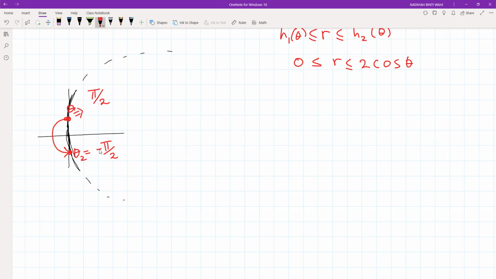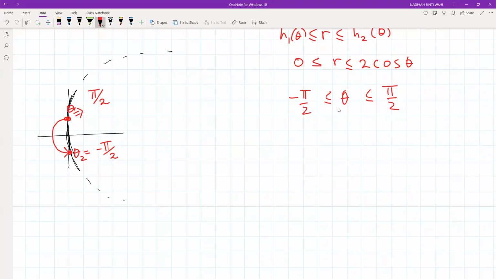Dia lebih kurang sama je. Okay, so this is from pi over 2 to minus pi over 2. Okay, so theta is now in between minus pi over 2 and then pi over 2.